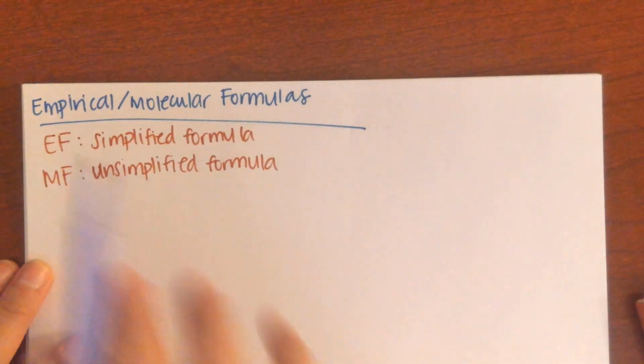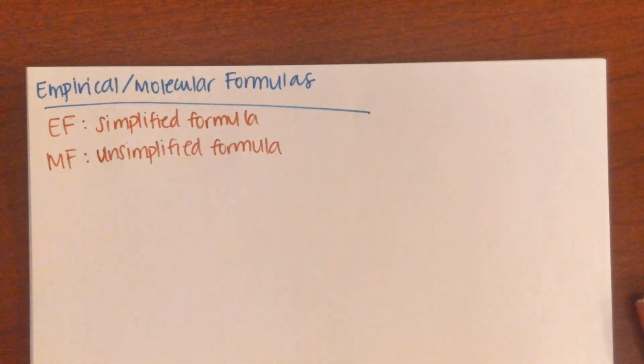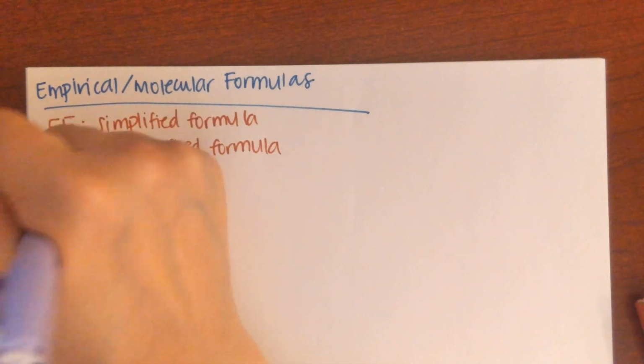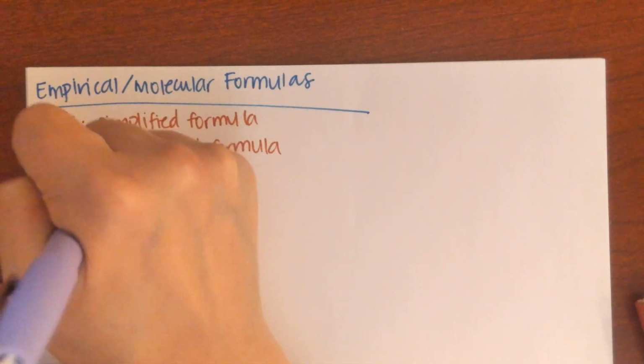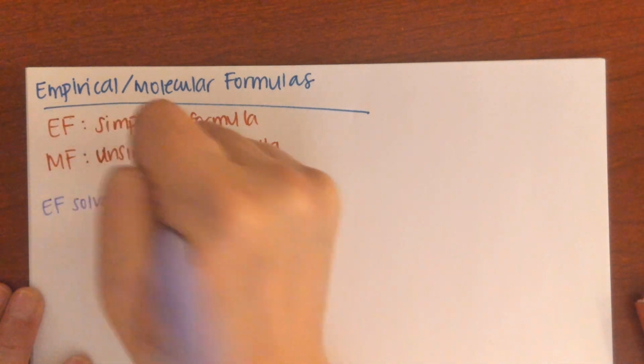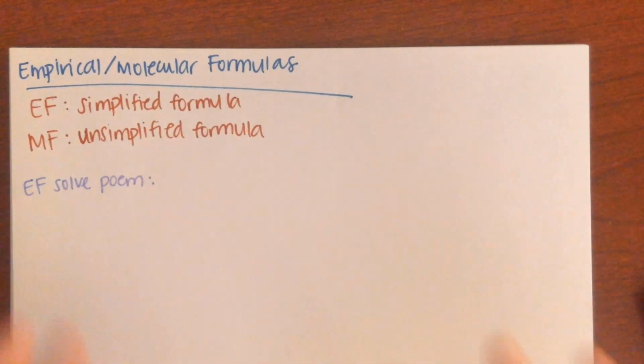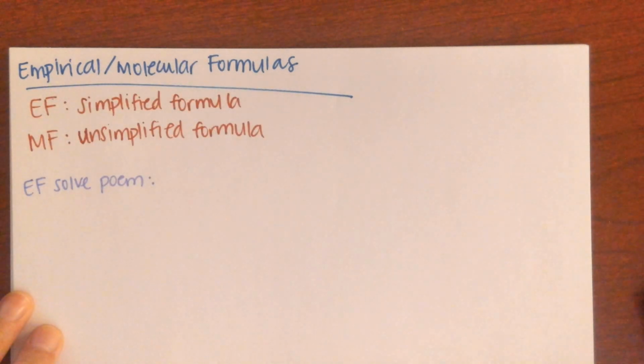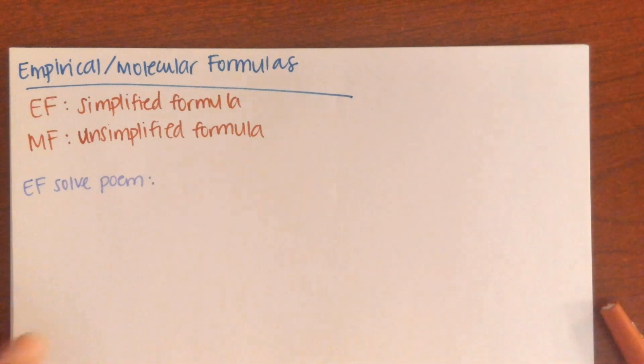So empirical formula is the one that has that special poem that we use. Solve poem. So when I give you a series of masses or percentages, there's a poem to solve for the empirical formula. So hopefully it'll come back to you.